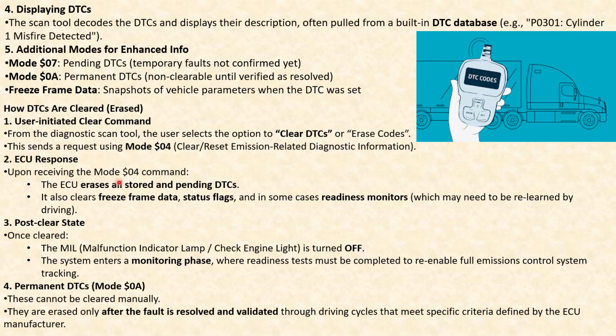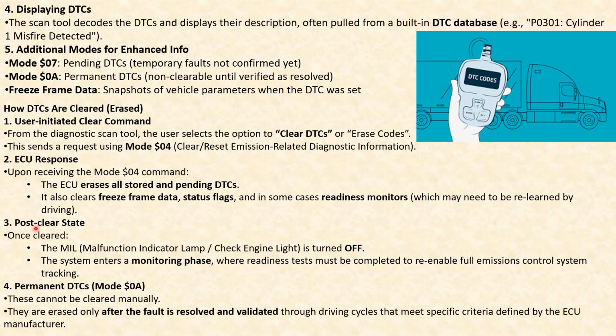Upon receiving the mode $04 command, the ECU erases all the stored and pending DTCs. It also clears freeze frame data, status flags, and in some cases readiness monitors, which may need to be relearned by driving.